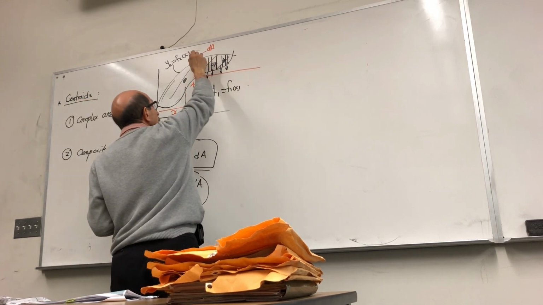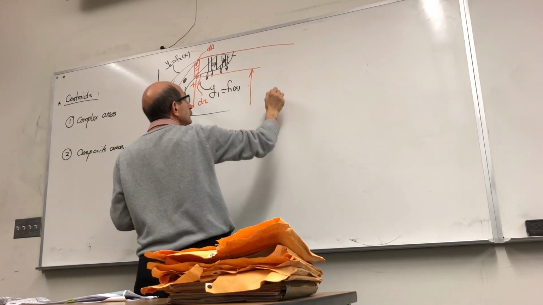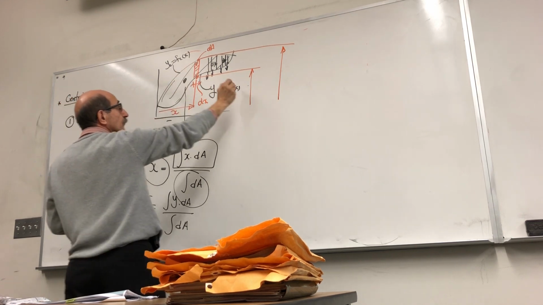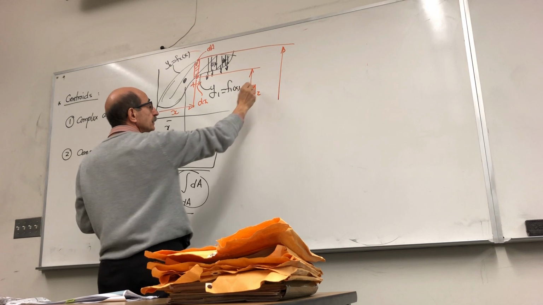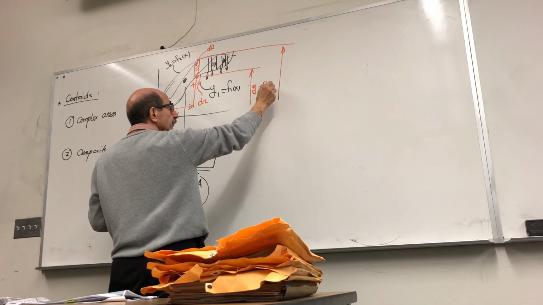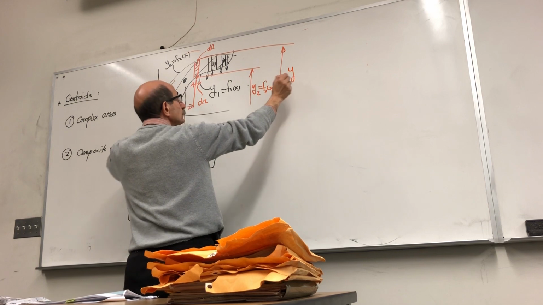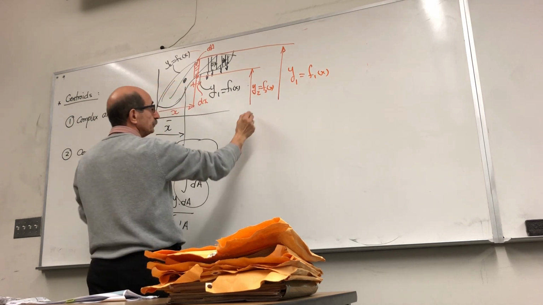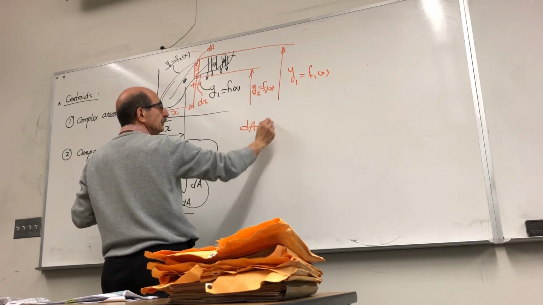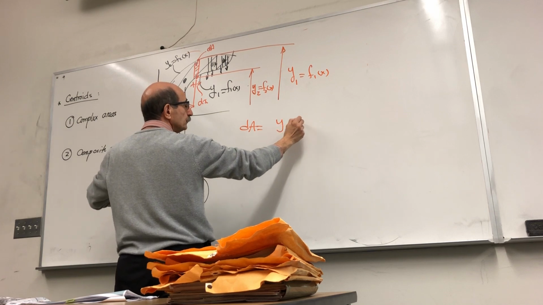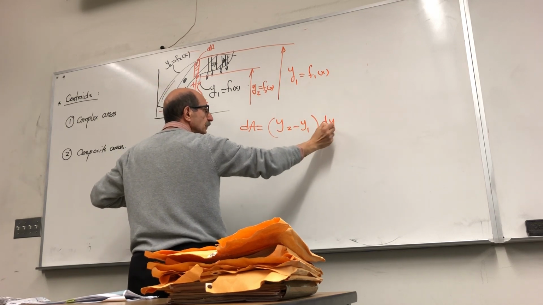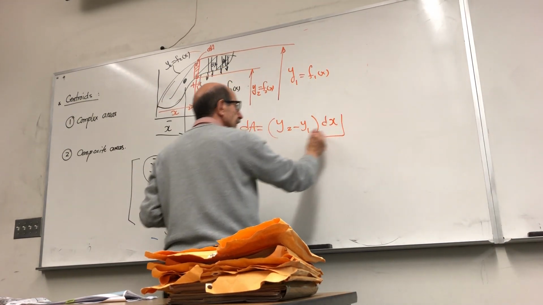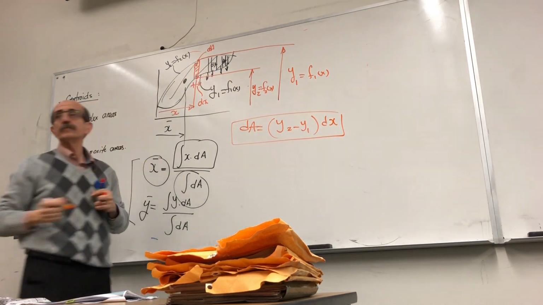The height is the value that you derive from evaluating this function at that point x, and then y1 at that point x, you subtract these two, okay? y2 minus y1 times dx, right? That will give you that differential area, okay?